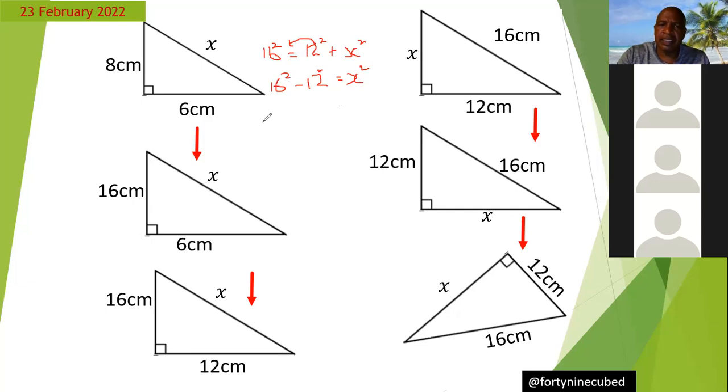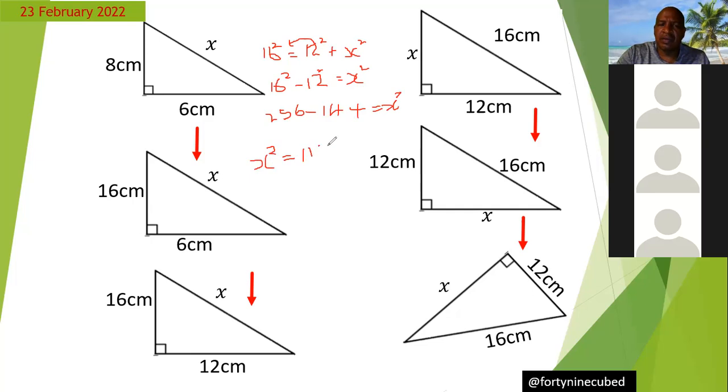All right, so we can just do the calculations now, Miss Cabrera. So 16 squared is 256, right? Because this minus is 144. All right, 256 minus 144, and that is equal to x squared. When you subtract that 144 from 256, what are we going to get? 112.